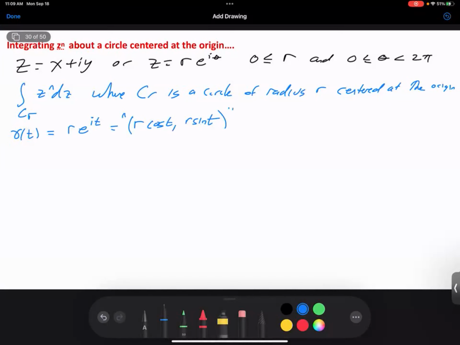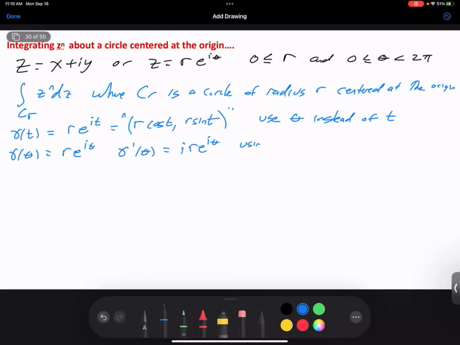Well, rather than using t, what letter would we probably use instead? Theta. So let's use theta instead of t. So gamma of theta is r e to the i theta. What would gamma prime of theta be? It would be i r e to the i theta.